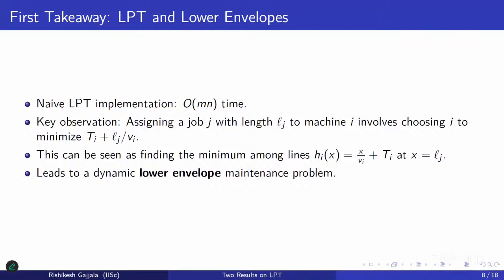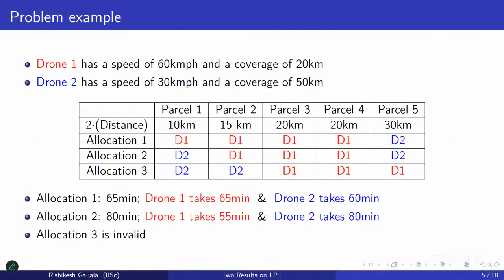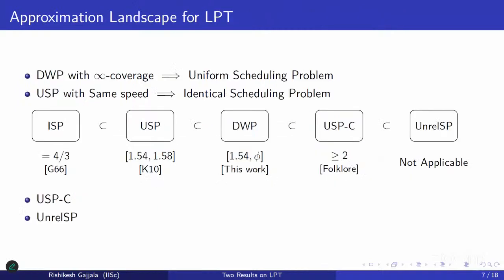If that is not there, that goes to the more general problem of USPC sort of problem, where we know that LPT is not as good. And the exact ratio is also not known. Is it a constant one? It's not known.